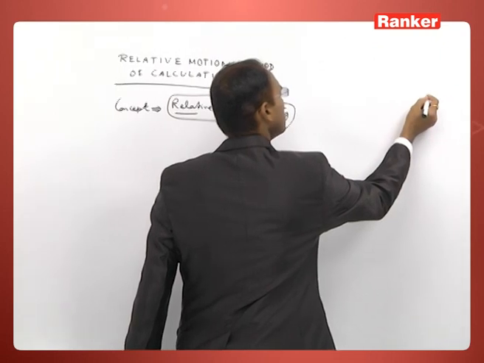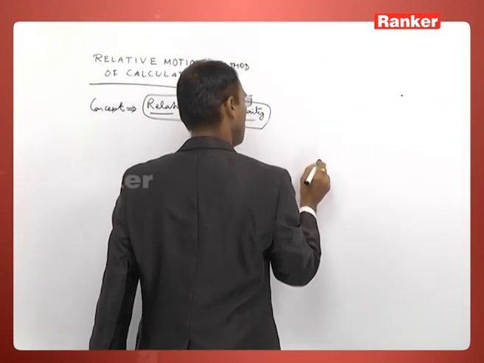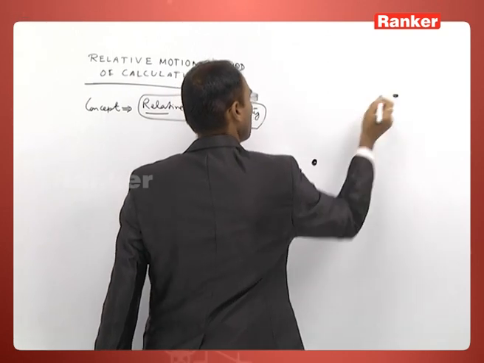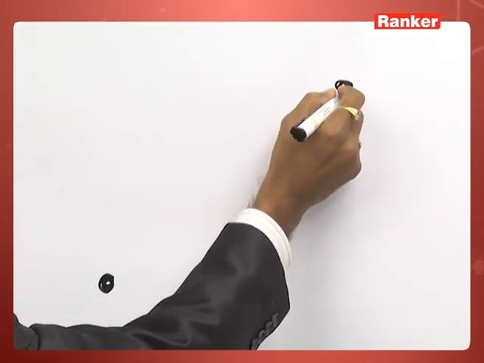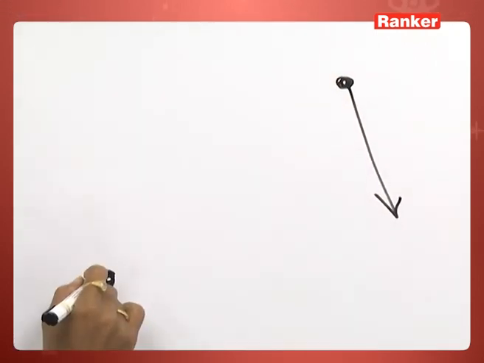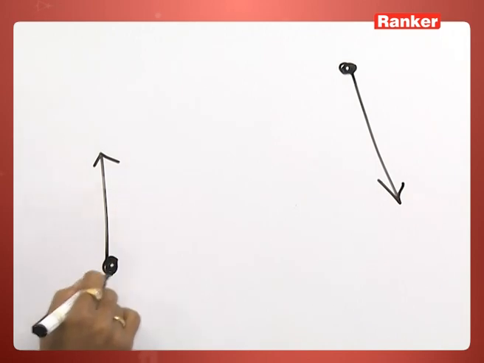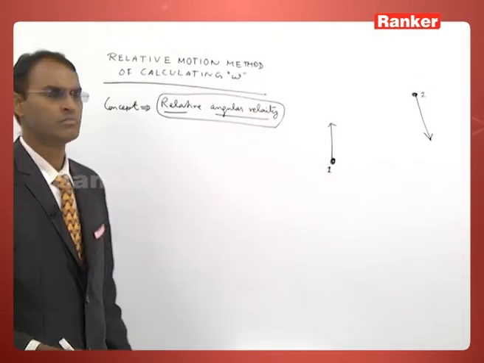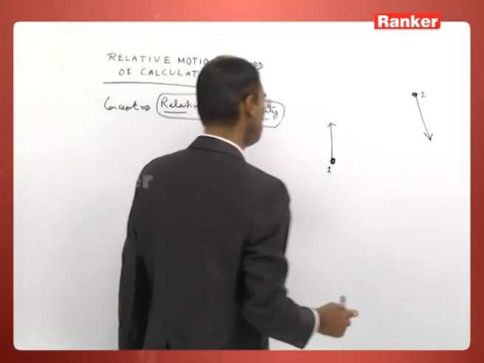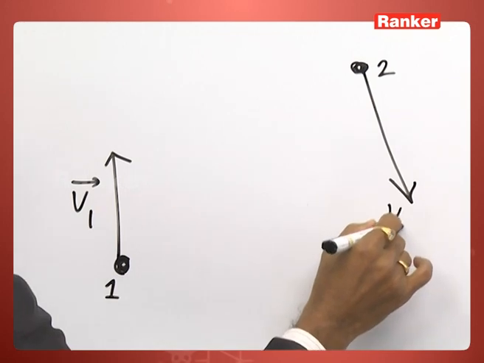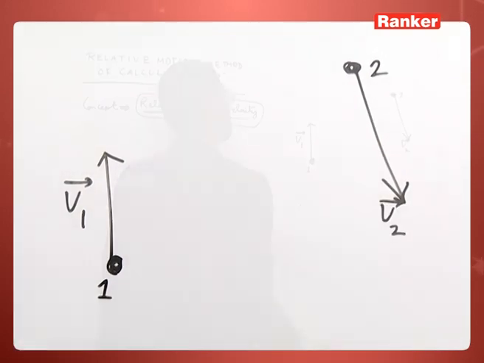You take a point, you take another point. This point may move with some velocity, point 1 and point 2. Point 1 moves with velocity v1 say, point 2 moves with velocity v2 say.